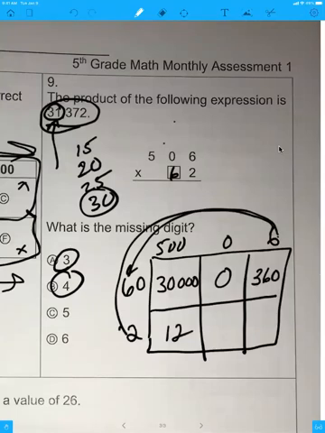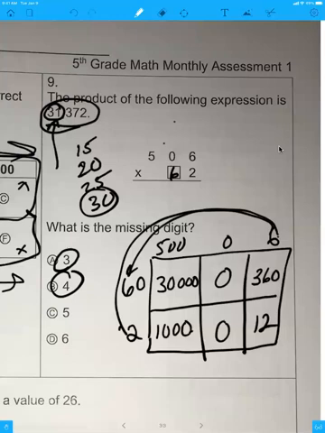Oh, I did that wrong. Don't listen to me. 6 times 2 is 12. 0 times 2 is 0. 500 times 2 is 10 with 2 zeros. So now we have to make sure we add this up, right?